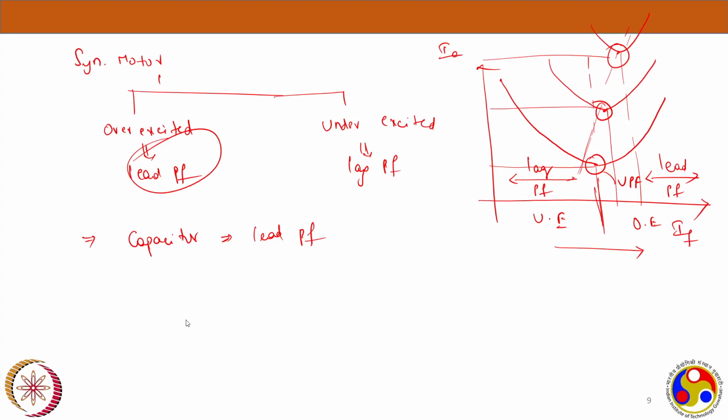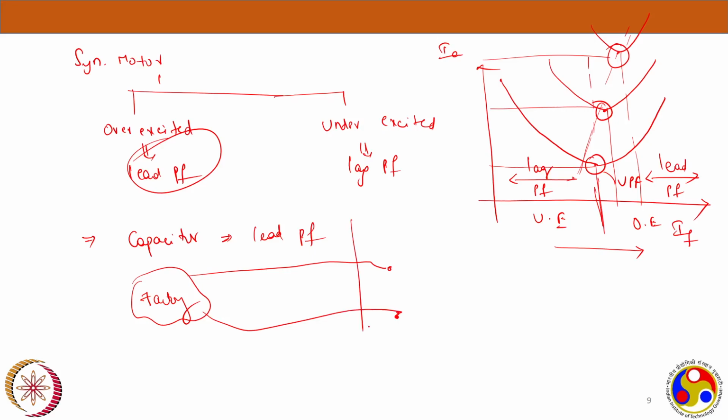So let's say this is your factory. This is the government supply, and you are taking supply from the government. So this is the government side, and this is your side, the consumer side. You have a factory now.